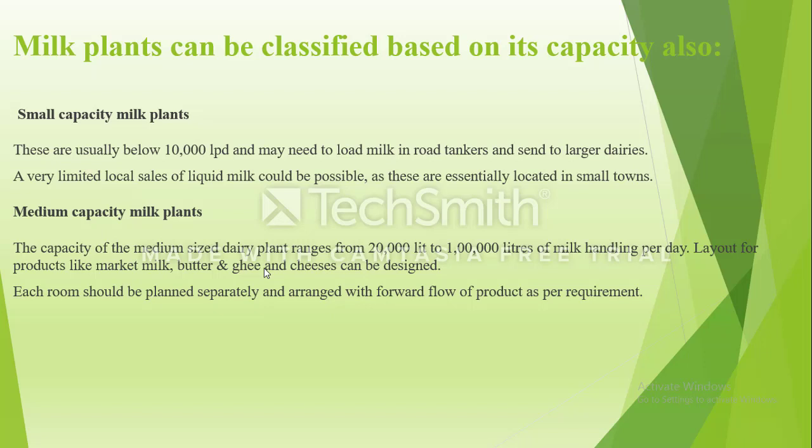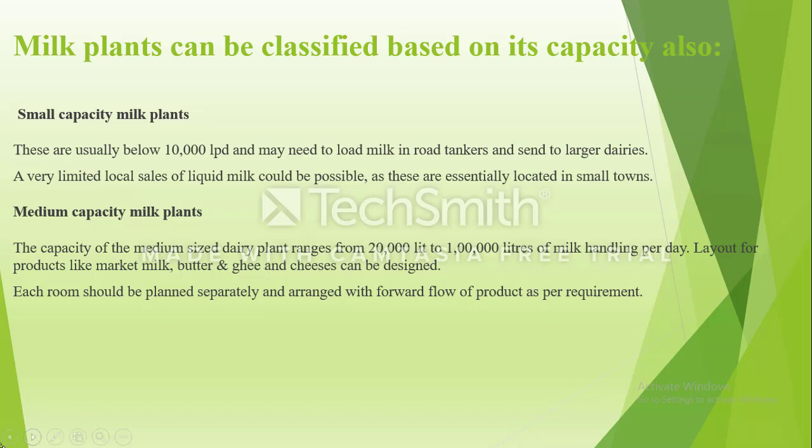In medium milk plants, the size ranges from 20,000 litres to 1 lakh litres of milk handled per day. Layouts for products like market milk, butter, ghee and cheese can be designed. Each room should be planned separately and arranged with forward flow of product as per requirement.